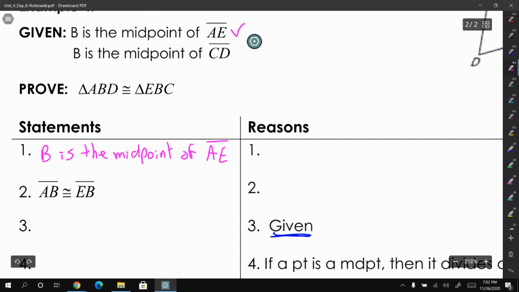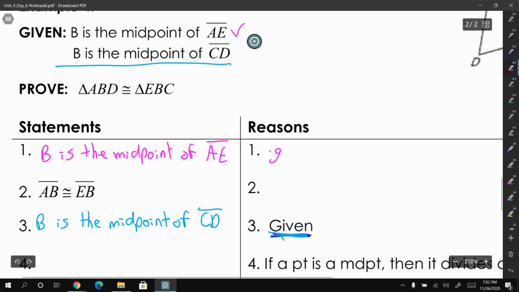Okay, that's this first one. And while I'm here, I'm going to write this one for statement number 3 because I know that the reason for that is given. So we're going to write our other given information. All right, well, we can write given here.